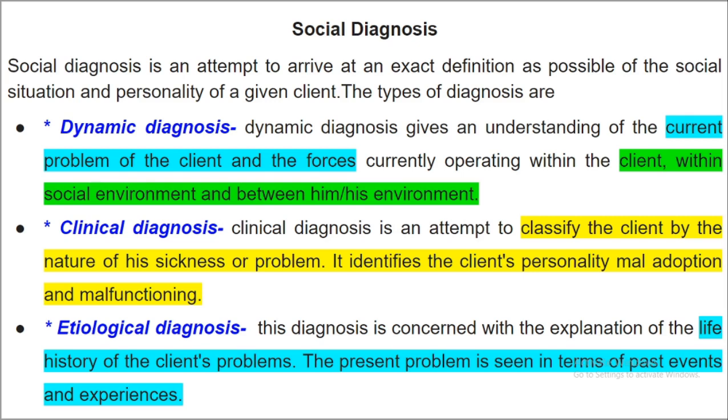You have to understand the history of the client's life as well as the past events and experiences that the client had, and then only can you diagnose the etiological causes of the client's problems. So these are the three. You have to find out the cause and effect relationship related to dynamic, clinical, and etiological. Diagnosis means you have to identify the cause and effect relationship of a certain problem.